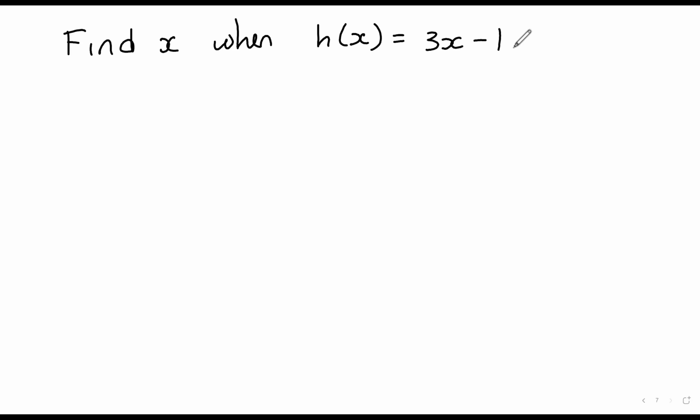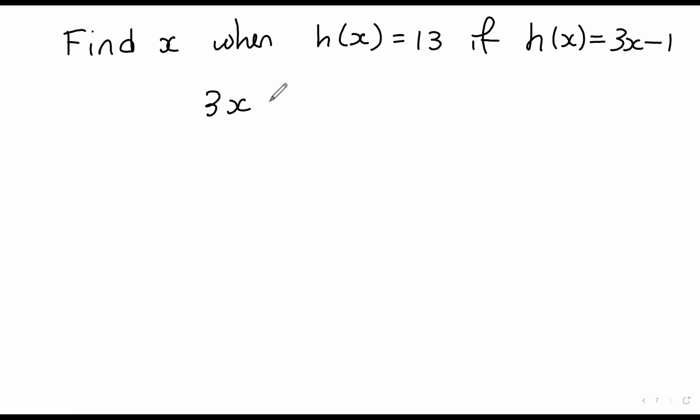All right, so again, when h of x is equal to 13, if h of x is equal to 3x minus 1. All right, so to find what x is, I will say 3x, that's h of x, 3x minus 1 is equal to 13. And then I solve for x.